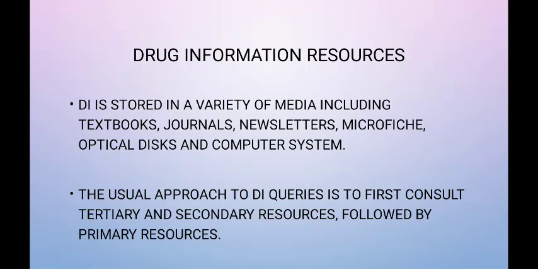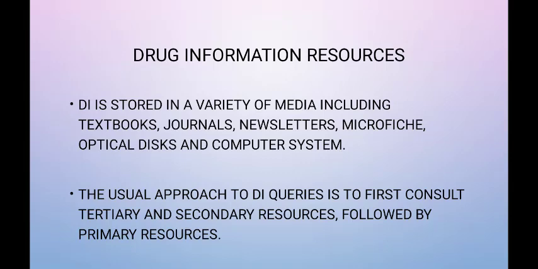Drug information resources are stored in a variety of medical media including textbooks, journals, newsletters, microfiches, optical discs and computer chips. So drug information resources include all the medical books, journals, etc. The usual approach to DI queries is to first consult the tertiary and secondary resources.